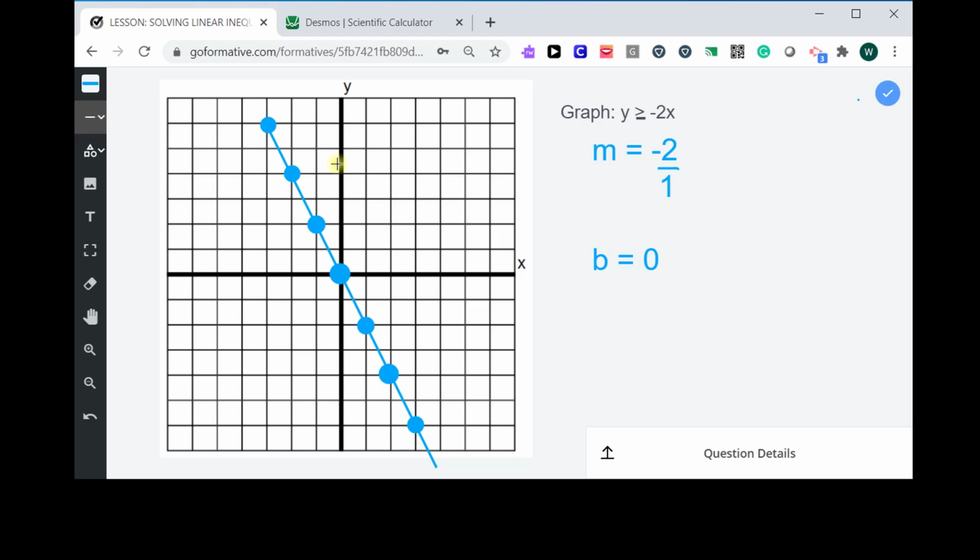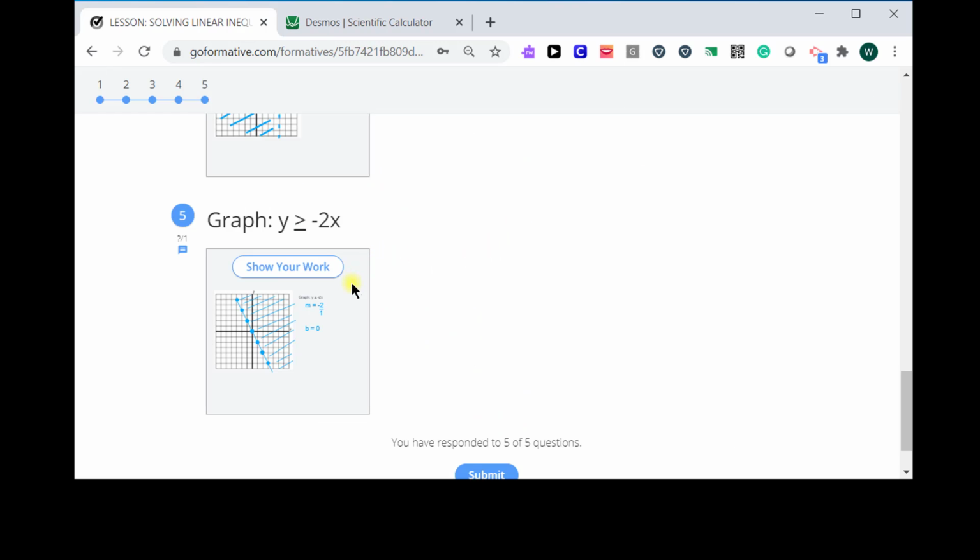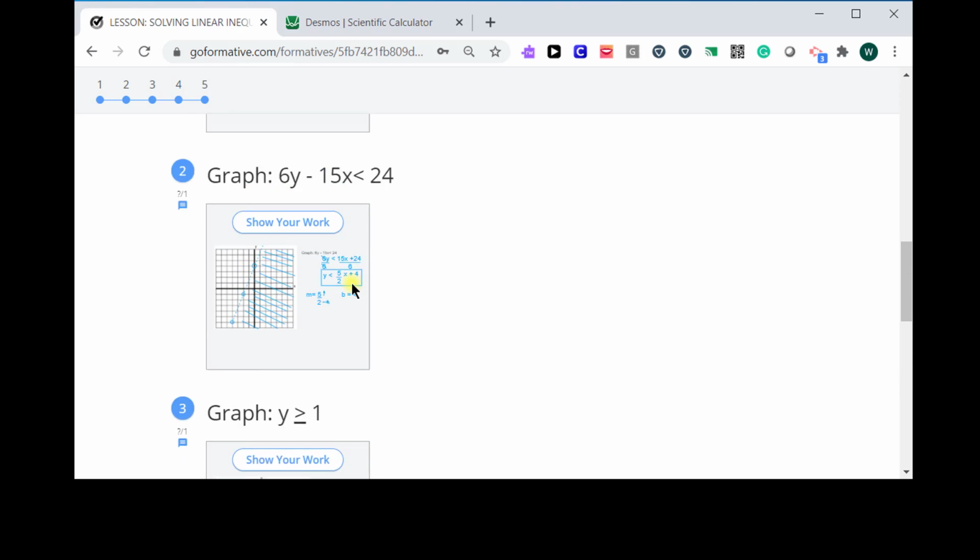So that means I'm going to shade this side of the line, or above the line. So right there is my line, and there we go. So this will be the region where the solution for this inequality will be. There we go. So this concludes this lesson right here.